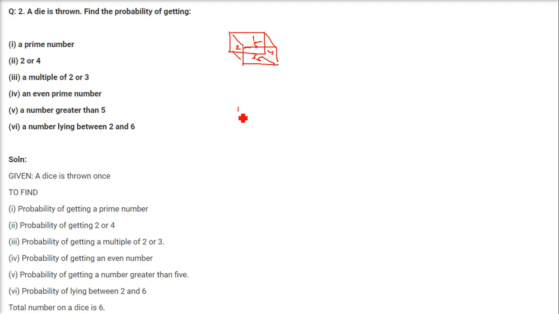The die can produce 1, 2, 3, 4, 5, 6 outputs. So the number of outputs, or number of cases, or number of possibilities, are 6. A prime number, how many prime numbers are there? 2, 3 and 5. So there are 3 prime numbers. So 3 by 6 is the probability of getting a prime number.